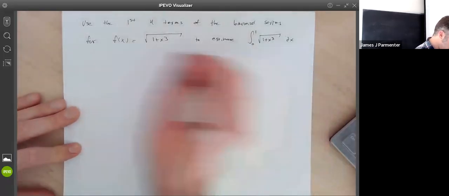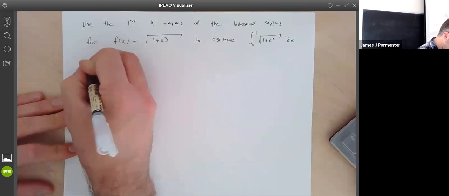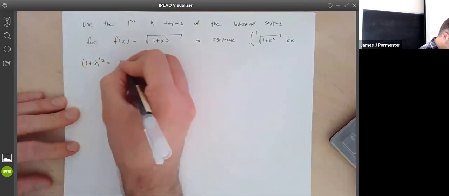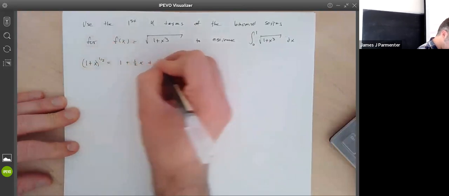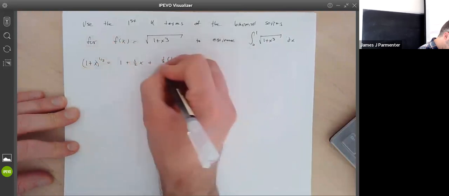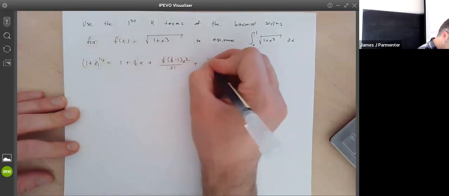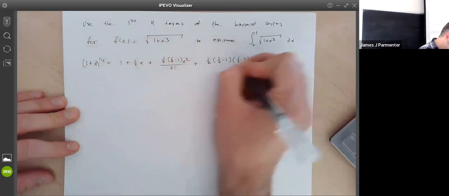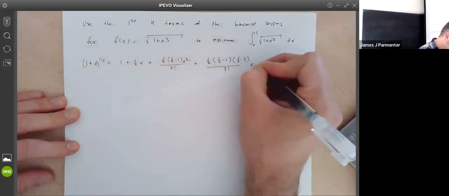So I know that 1 plus x to the 1/2 is 1 plus 1/2 x plus 1/2 times 1/2 minus 1 times x squared over 2 factorial plus 1/2 times 1/2 minus 1 times 1/2 minus 2 over 3 factorial times x cubed.